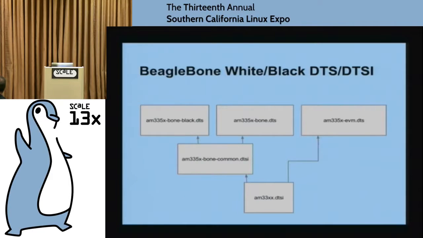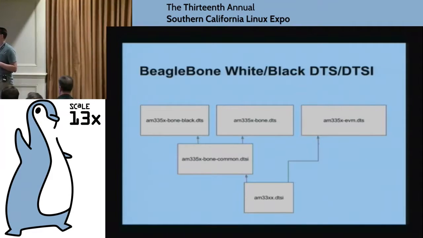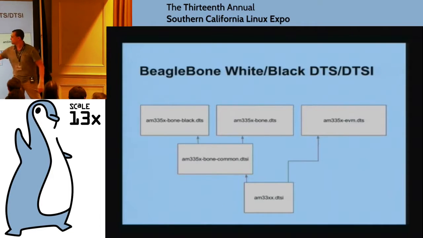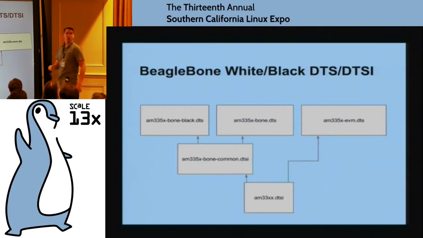In this platform there are two variants: the original BeagleBone, now BeagleBone White, and a BeagleBone Black, and they have some peripheral differences that require a different description. This same SOC file gets included by this EVM DTS, an expensive evaluation board from TI that just needs to directly include it. Some things common to both BeagleBone variants are in another include file. This includes that file, and then each of these includes the common file. And so that's how the ordering is figured out.